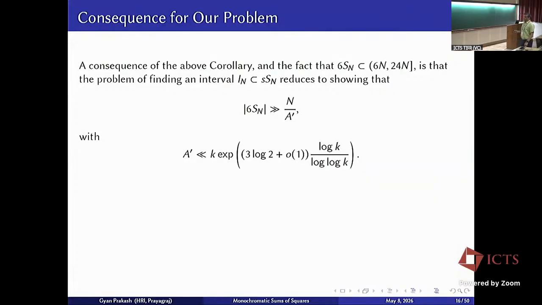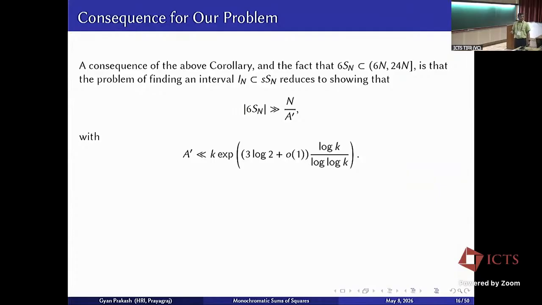So in fact, we will show now that Sn, which was contained in n to 4n, so 6n, Sn will be contained in 6n to 24n, and we will show that 6Sn is greater than or equal to n by A naught, with A naught less than this. And using the result of the earlier thing that I mentioned, that will solve the problem.